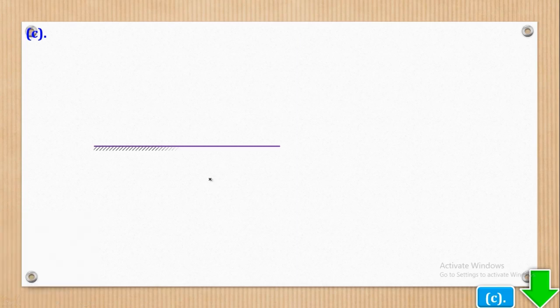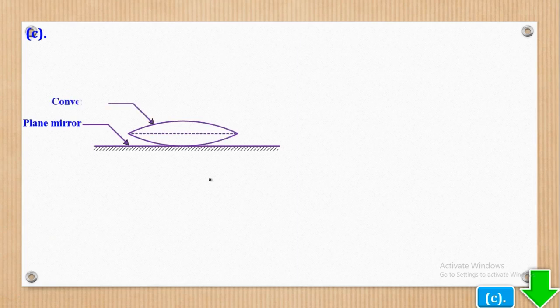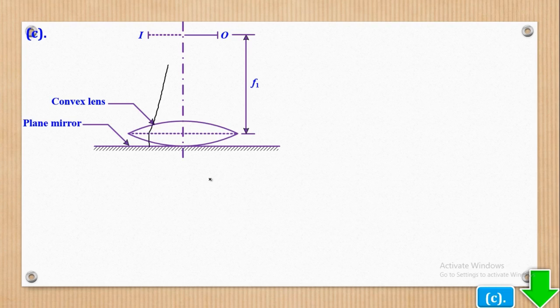So let's start with a diagram to help us ease the description. I think realize that there's no need to show the rays of light. Otherwise, if you were to show, they would have converged at this point.